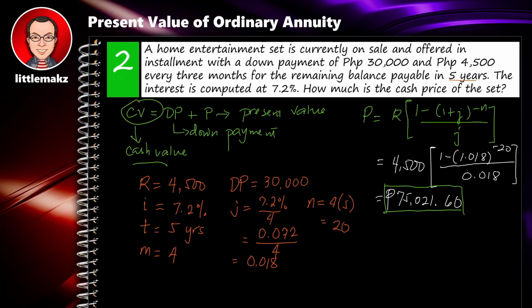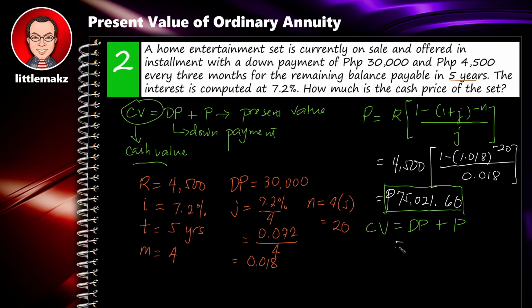Now, since our cash value is equal to the down payment plus the present value, which is P, we will be able to get it.